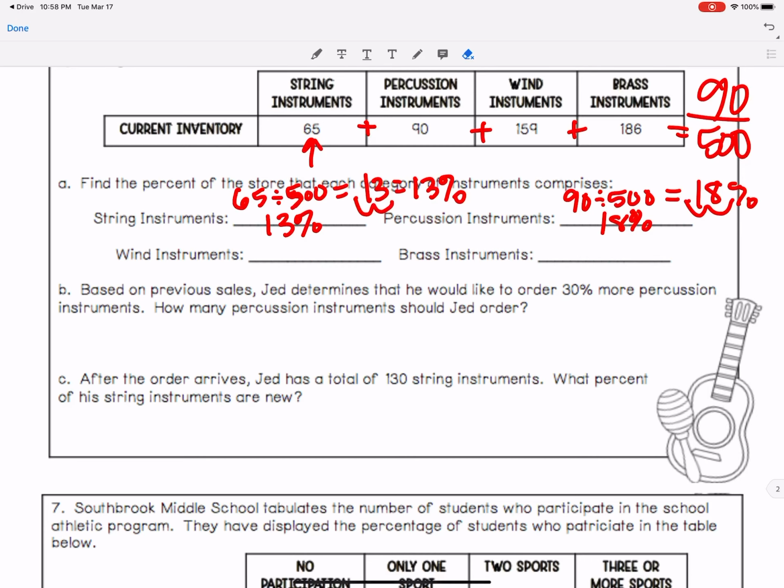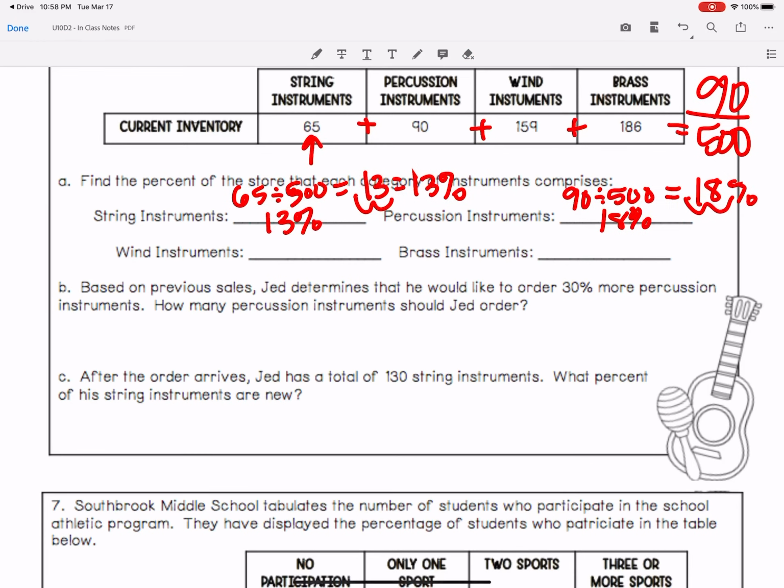Next question, wind instruments. There's 159 of them out of 500. So I would just type into my calculator 159 divided by 500. And I get 0.318.